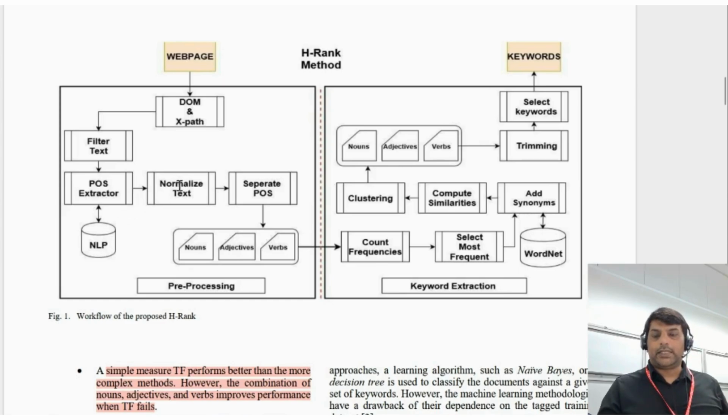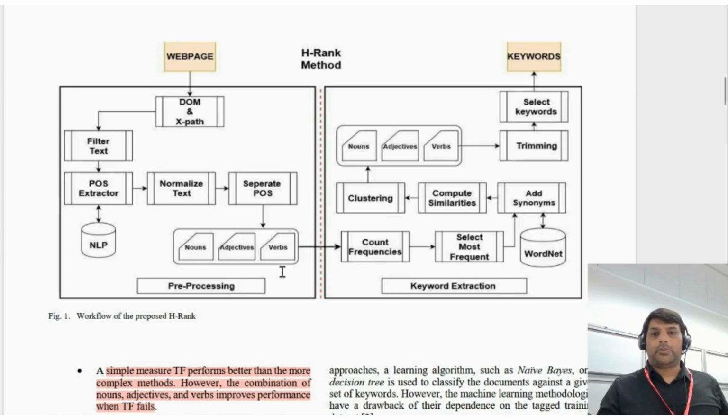Then we normalize the text using tokenization, and after tokenization, we normalize using stemming and lemmatization. After that, we forward this normalized text into the POS tagger again to separate nouns, adjectives, and verbs.